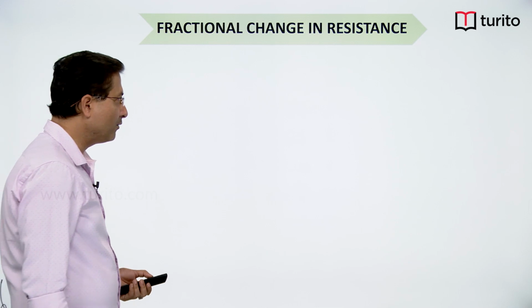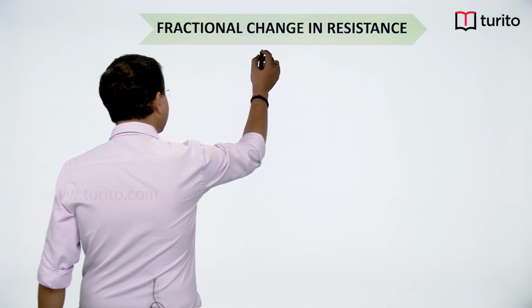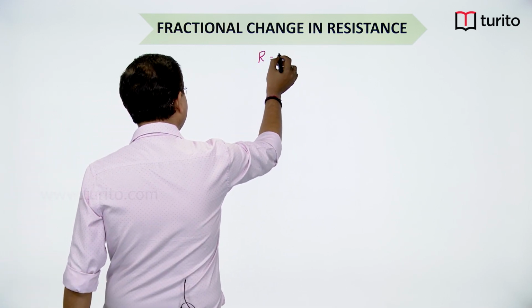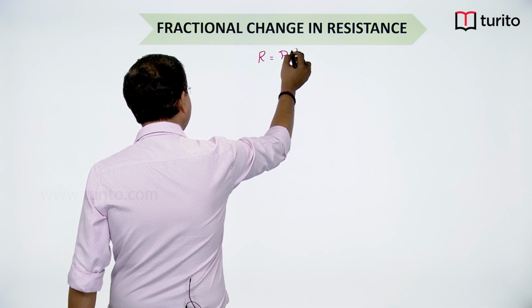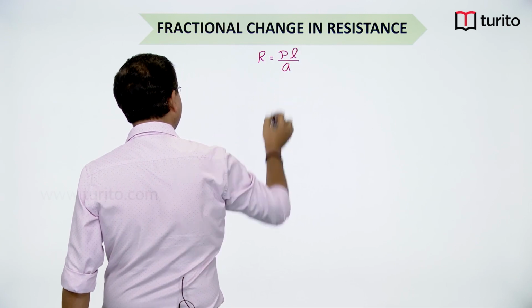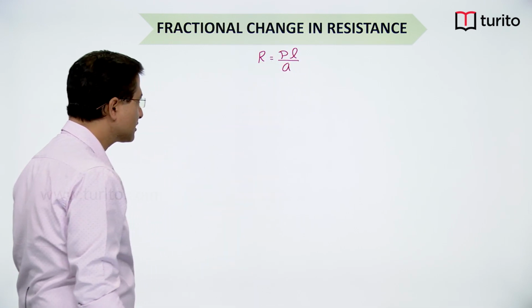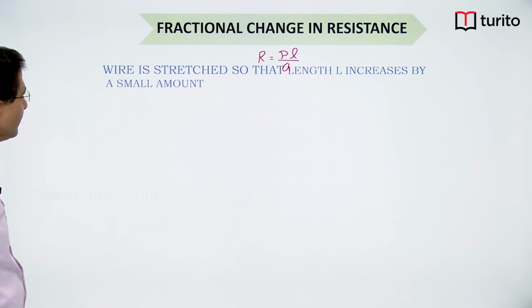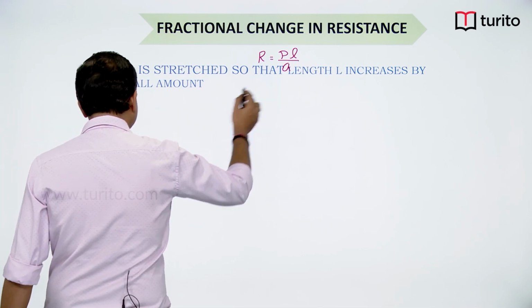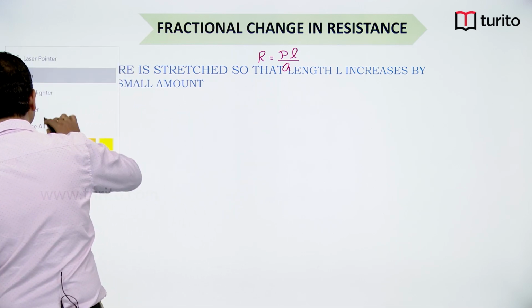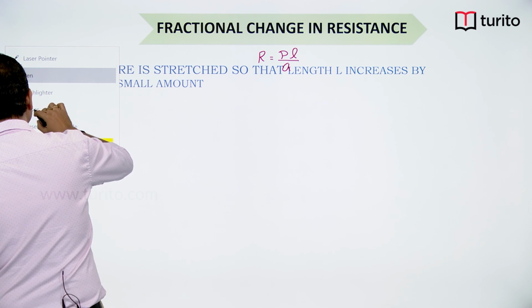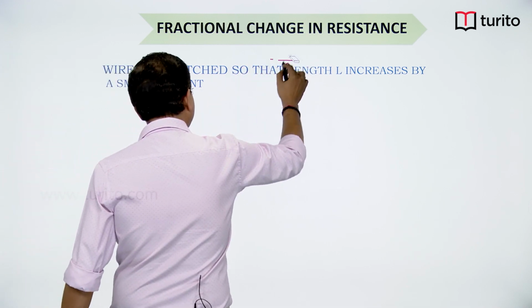Now, we are writing R is equal to rho L upon A. A is the cross sectional area, L is the length, rho is the resistivity. So, if I stretch the wire, what happens to the resistance?